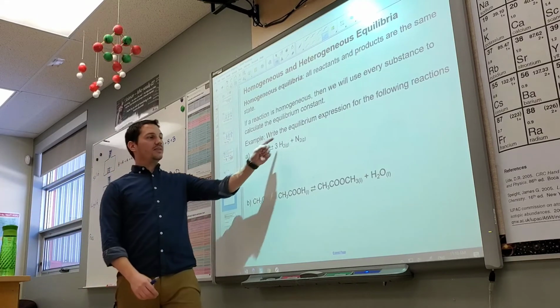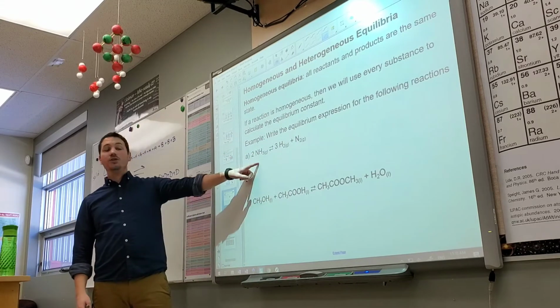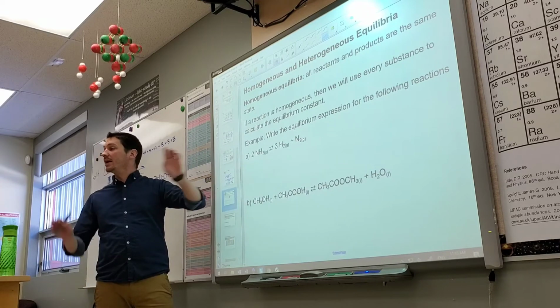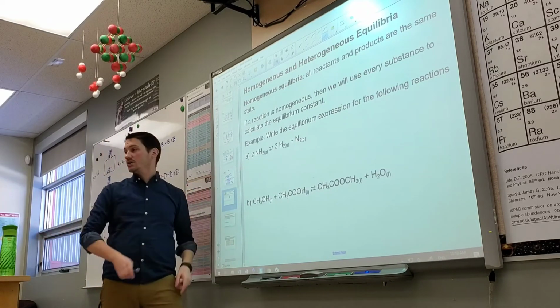So, for example, write the equilibrium expression for this reaction. Well, you've already done that. We just did that. What was the equilibrium expression for this reaction?